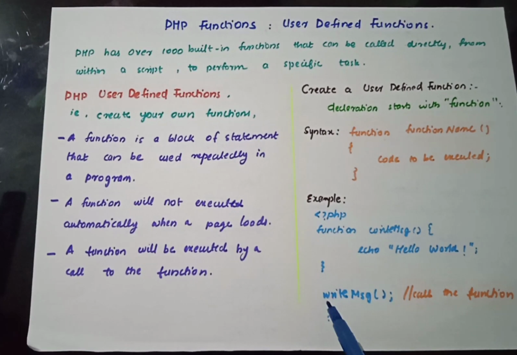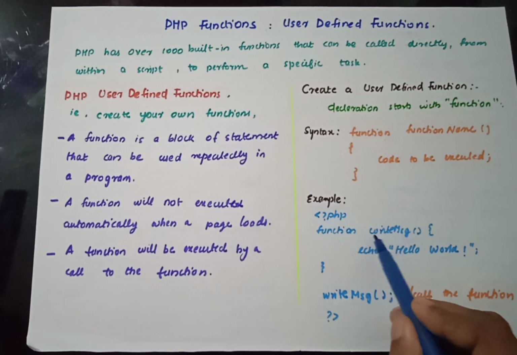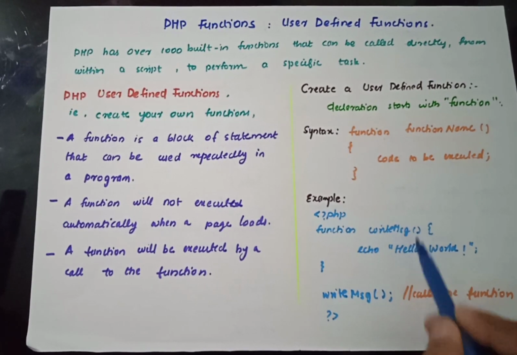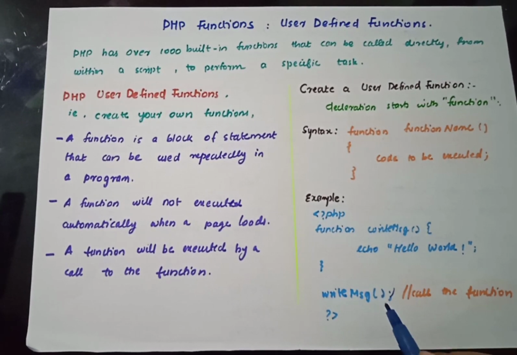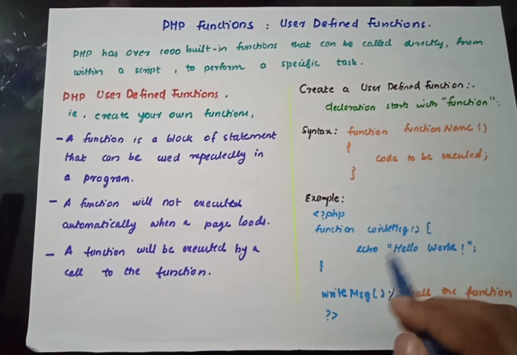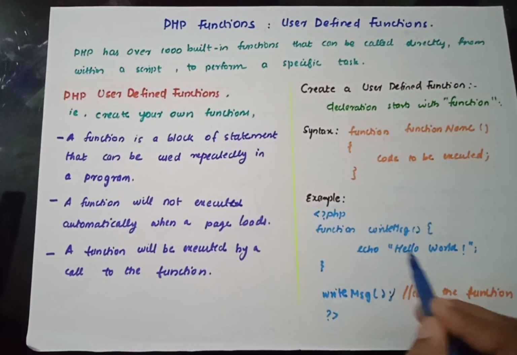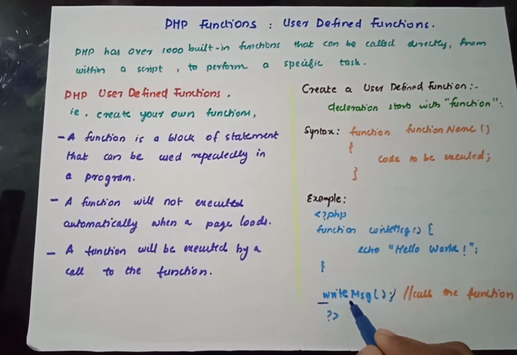So what we did here, we just called it. All you have to do is write its name, and that's it. It will be called, and at this time we'll get the output that we are expecting from this function. Okay, so this is a very simple concept.